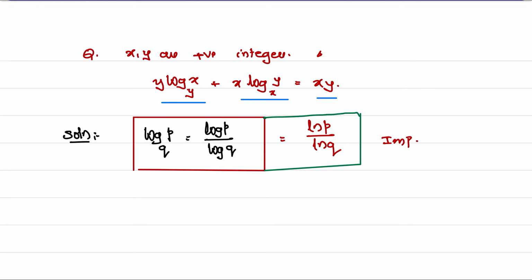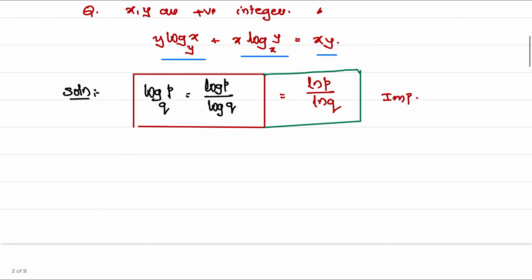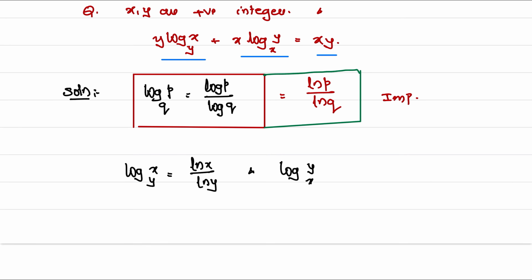Now, by using this property, what do you say about log x to the base y? That is equal to ln x divided by ln y, and log y to the base x is equal to ln y divided by ln x.